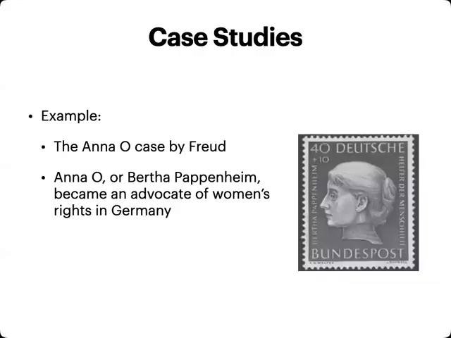According to Ellenberger, instead of being cured, Anna O spent a year in an asylum after Breuer ended treatment with her. Fortunately, she eventually recovered and became an advocate for women's rights in Germany. 50 years after her death, a stamp honoring her work was issued in 1954.